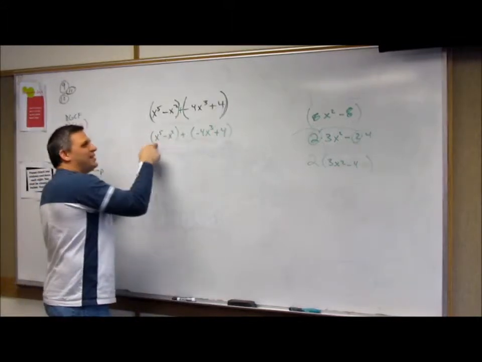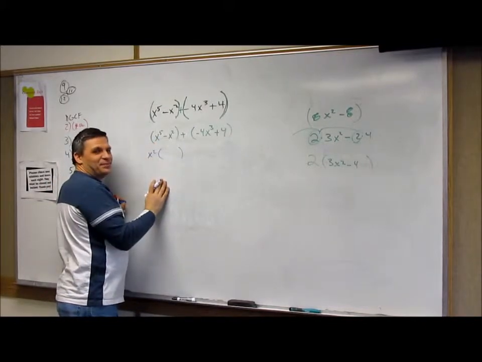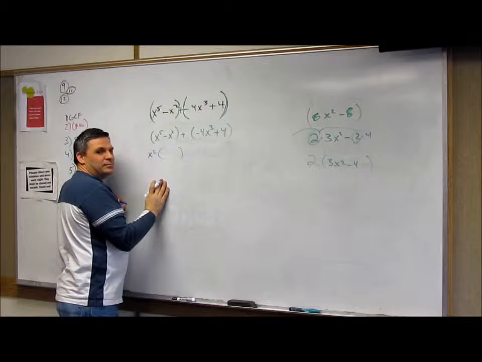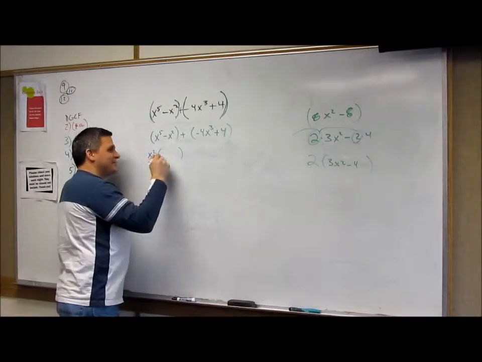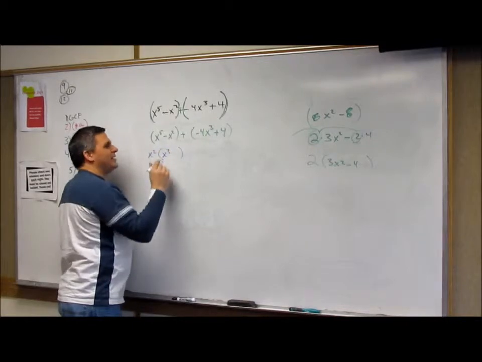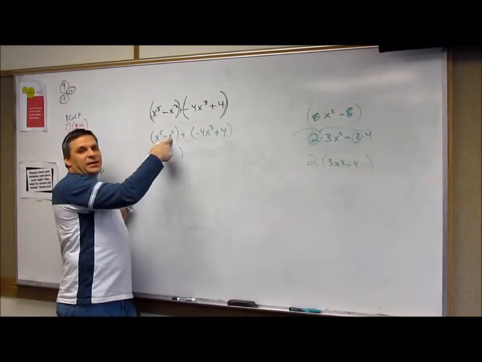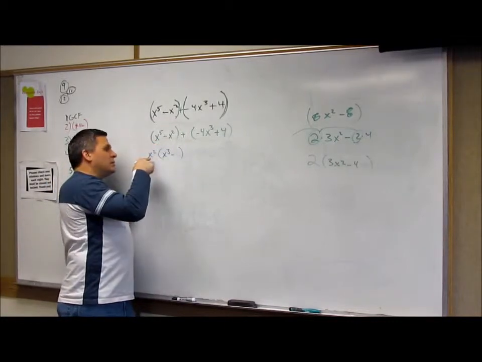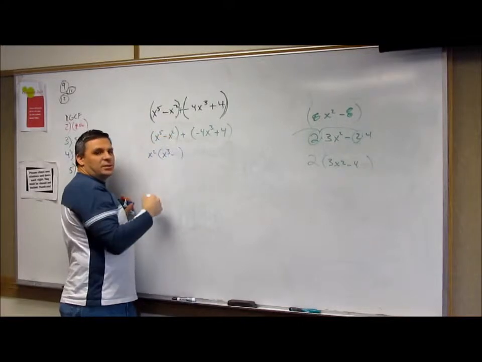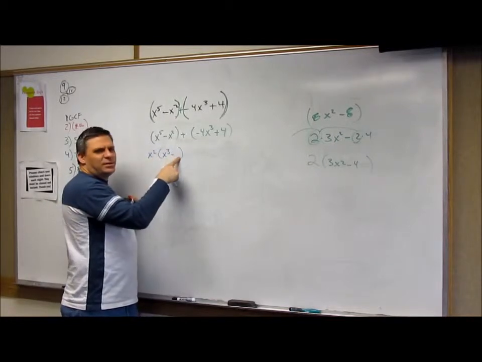What can I factor out of this? X squared. And what's left? X to the 3, because 5 minus 2 is 3. Then the minus sign. And how many x squared did I take out of this one? 2 minus 2 is 0. But if I put a 0 here, what's x squared times 0? 0.